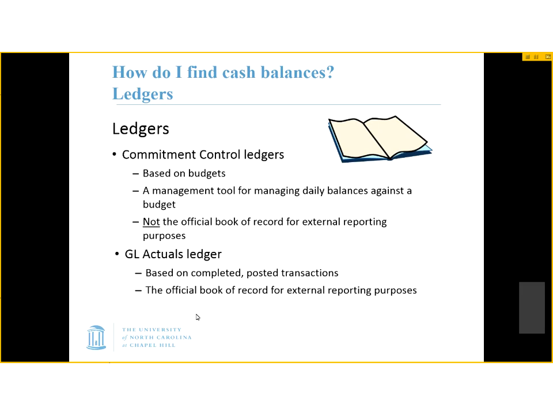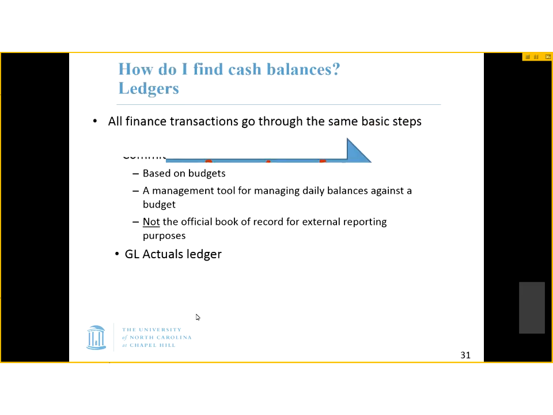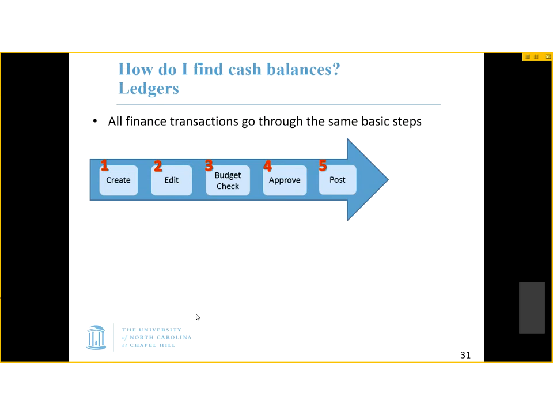So when Accounting Services needs to run a report, send it to the state, for example, or any of our campus departments need to send reports to, say, our foundations, they are always running that information out of the GL Actuals ledger.